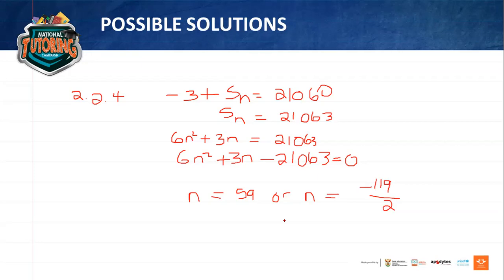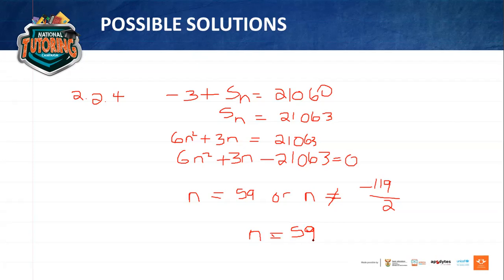But remember, n cannot be negative or a fraction because it's a number of terms. We are calculating terms, so we cancel that one out and say n cannot be negative. Our only value left is that n is equal to 59.